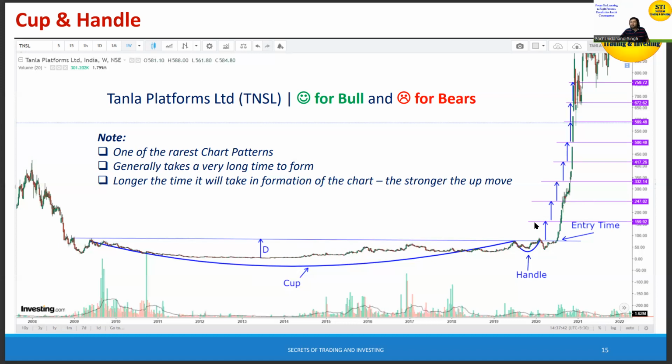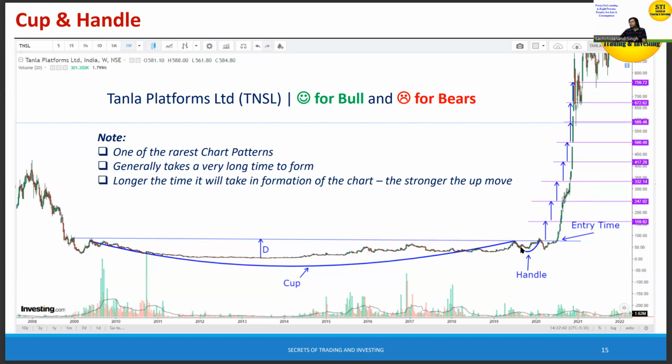And here the good point is, because this kind of formation happens over a very long time, it generally gives multiple targets. Especially in this example, I took an entry when the price was around 50 rupees. I was not able to take the maximum profit, but if I remember correctly, I took entry at the 50 price point and exited somewhere around 268 only.